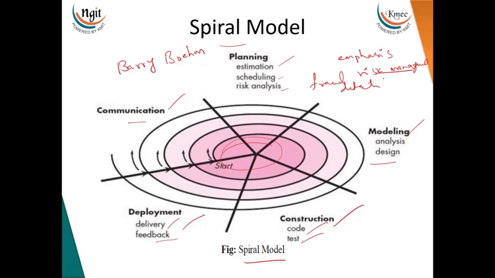Okay, and moving further, what do the phases or the spiral loops include? Of course, we know all these: communication, planning, modeling, construction, deployment.